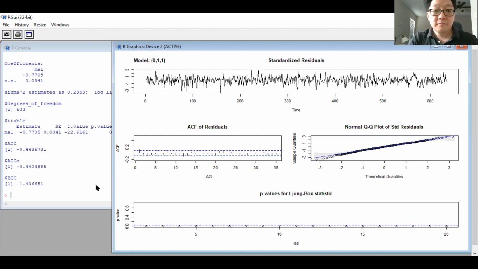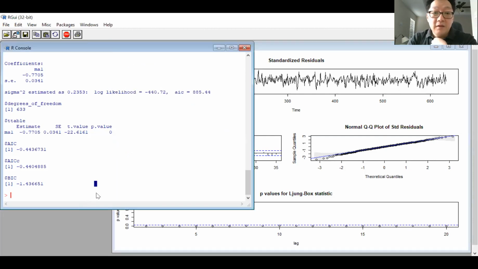Let me show you. Let me make another data set using arima.sim. Just a second, I cannot remember the statement. Can anybody remember the statement?